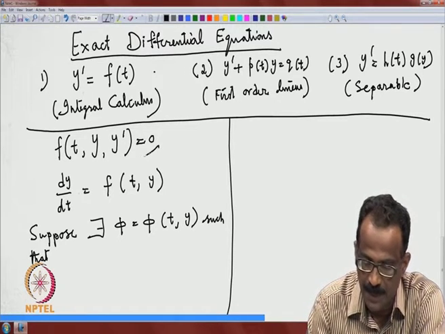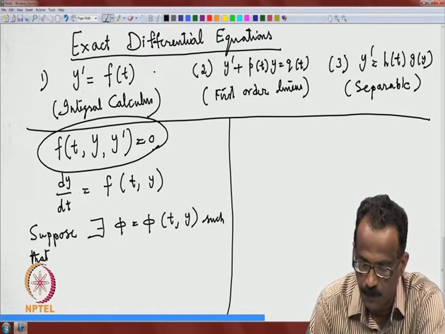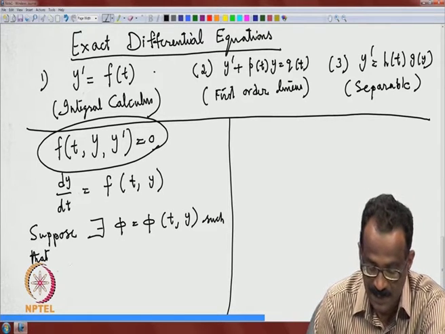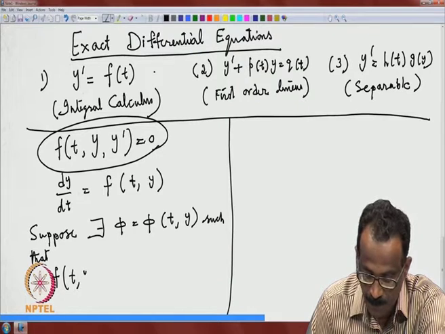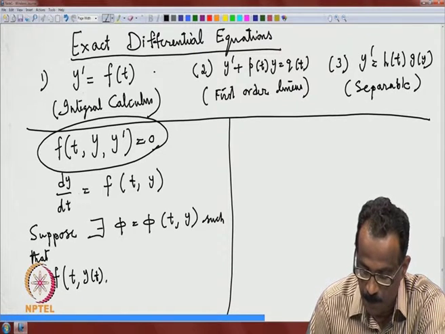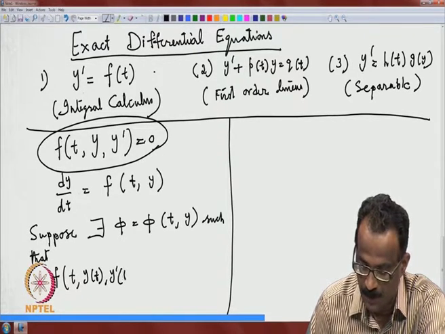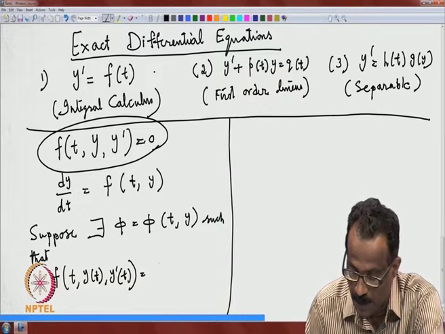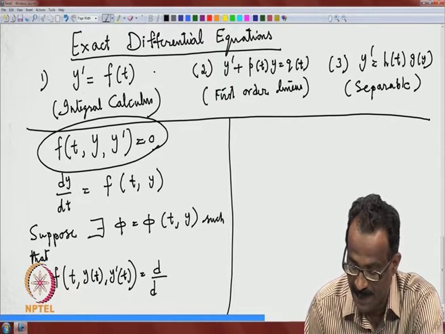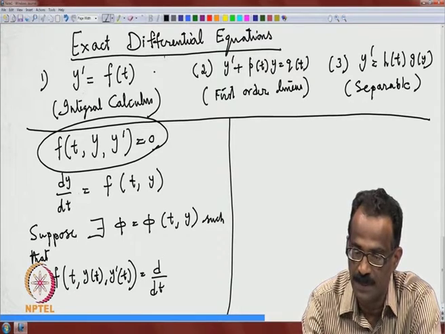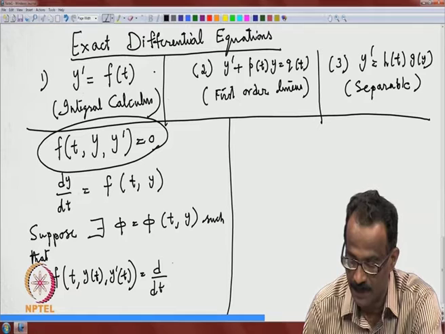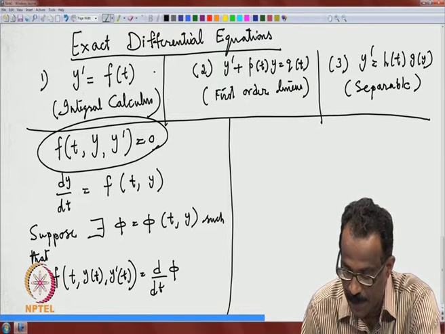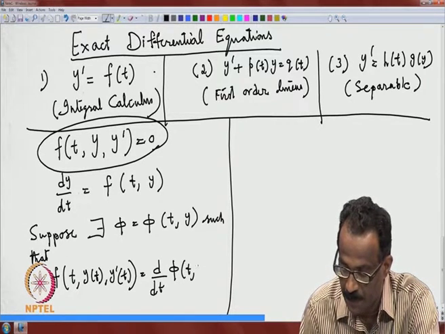Let me define it even for the full equation, such that you can write your f of t, y of t, y prime of t as a total derivative. If you look at the studies of these three equations 1, 2, 3, essentially we have done this, d by dt of phi of t, y t.